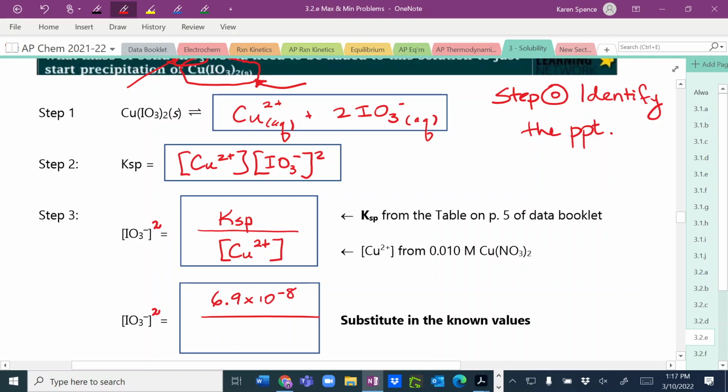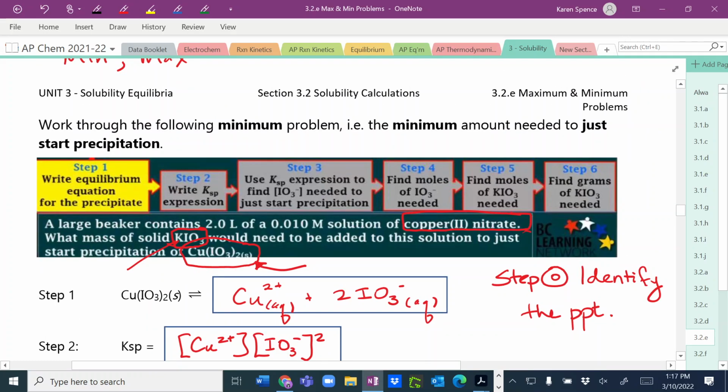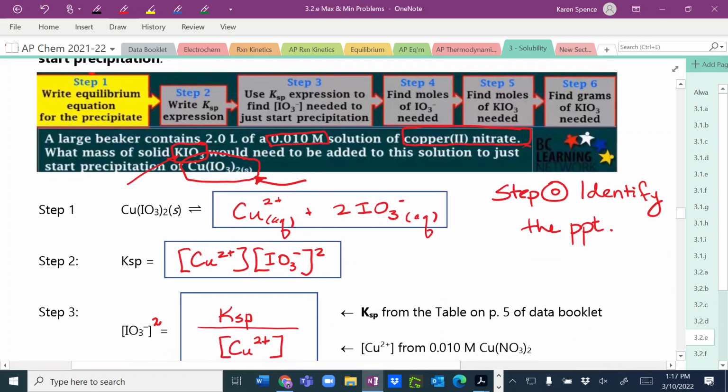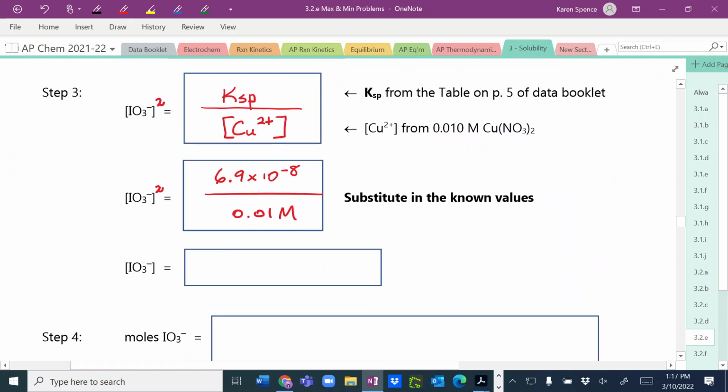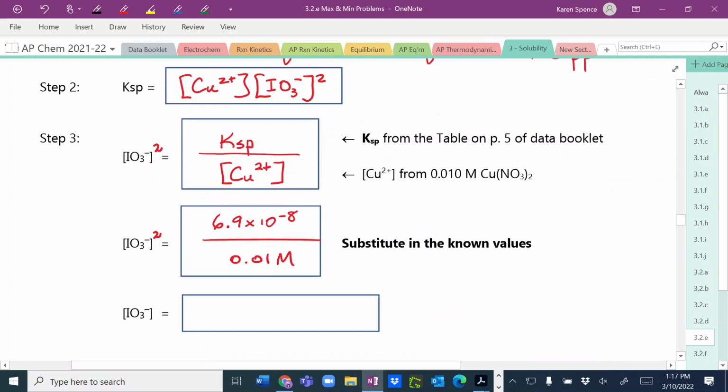Now you have to go back to the question and say, what is the concentration of copper? Well, we have 0.1 molar copper 2 nitrate. So what is the concentration of copper? 0.1 molar. 0.01 molar, sorry. 0.01 molar. Exactly. Yep.